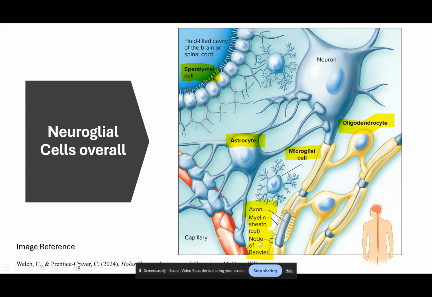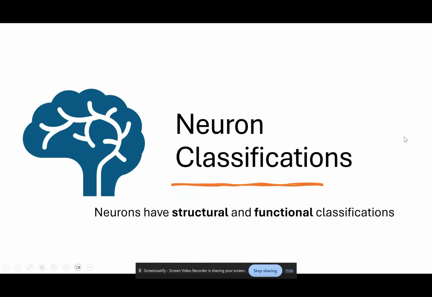But down here, we have that peripheral nervous system emphasis when it comes to the axon. We have that myelin sheath. And between these little myelin sheaths, we have those nodes of Ranvier, which are known for the peripheral nervous system.